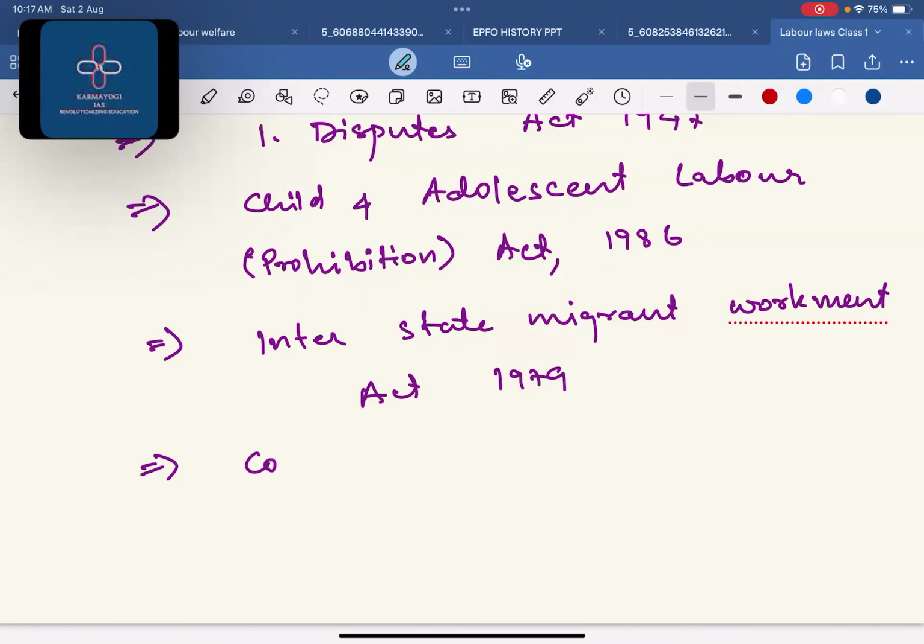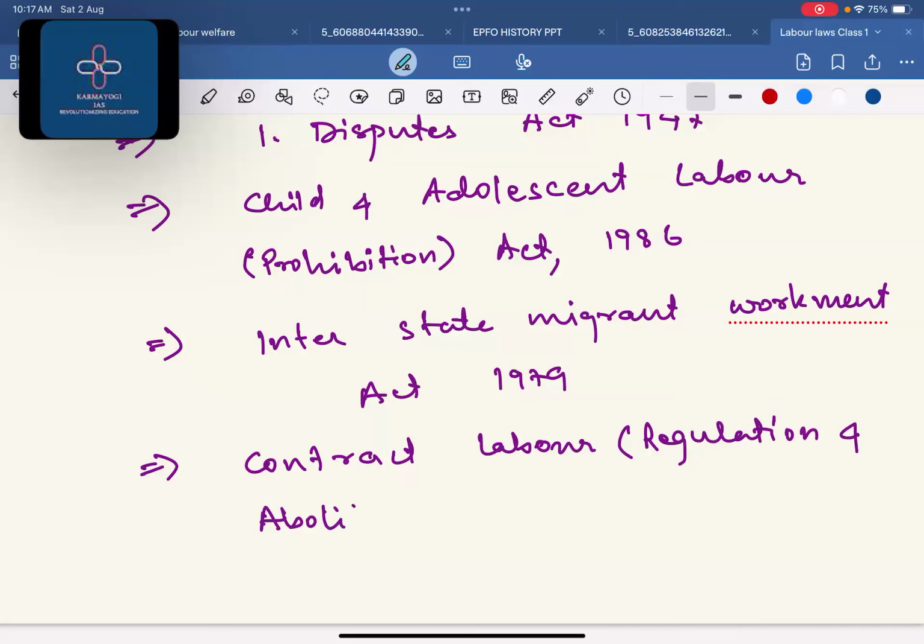Next is the Contract Labor Regulation and Abolition Act, that is of 1970.